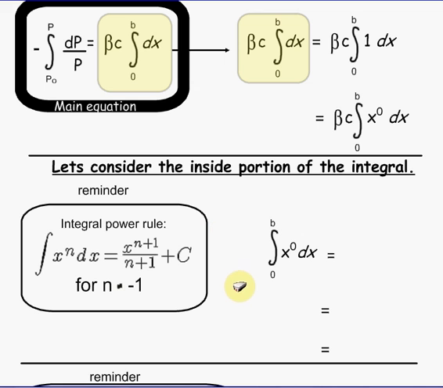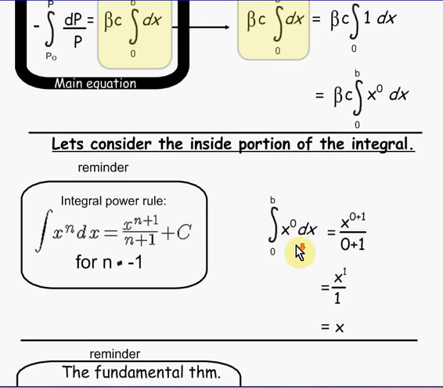So if we're going to be integrating from 0 to b, x to the 0 power dx, then we're going to get x to the 0 plus 1 over 0 plus 1. But that is simply equal to x to the first power over 1, which is simply equal to x.